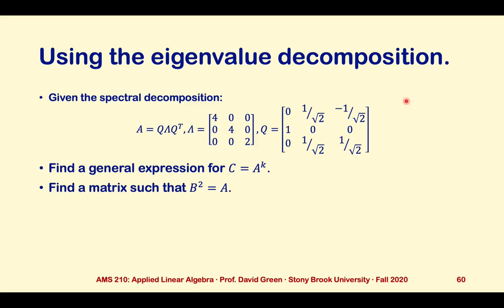Can we use these results to find a general expression for C equals A raised to the power of K, where K is any positive whole number power? And can we find a matrix such that B squared equals A? Let's think about these two problems in the context of an eigenvalue decomposition.